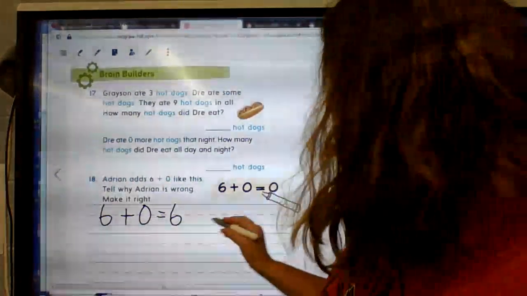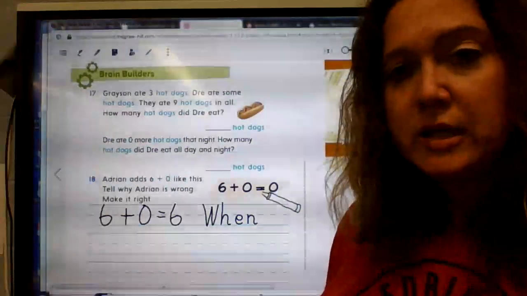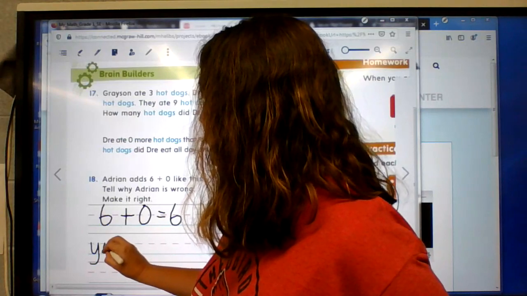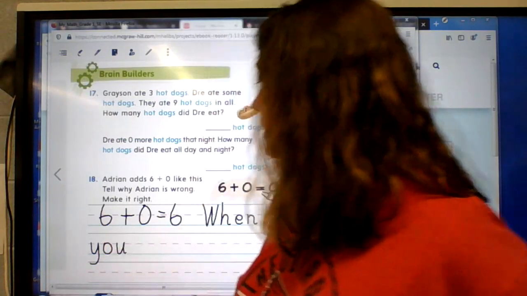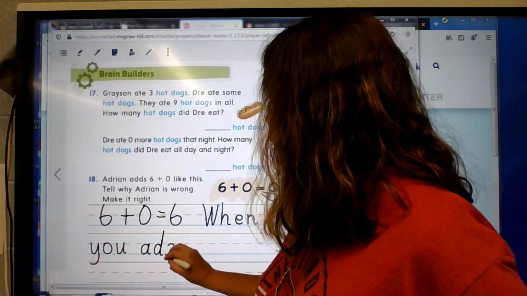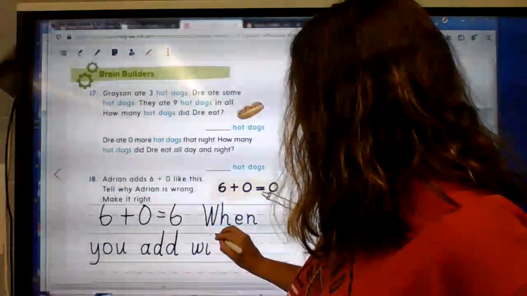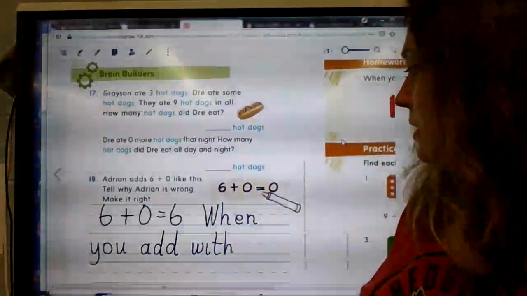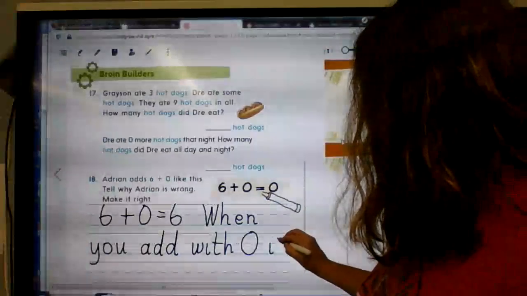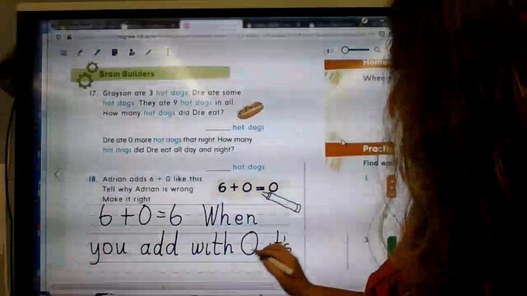This is going to be kind of long, but that's okay. We're going to write, when, W-H-E-N, when you add, W, I got ahead of myself, Y-O-U, when you add, A-D-D, when you add with, W-I-T-H, when you add with 0, it's, I-T-S apostrophe S. We'll learn more about that later.